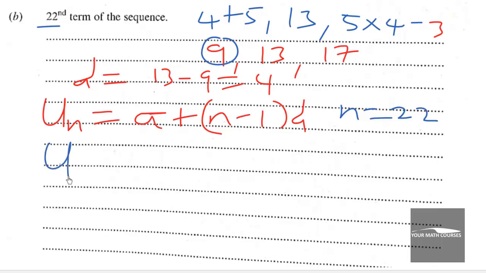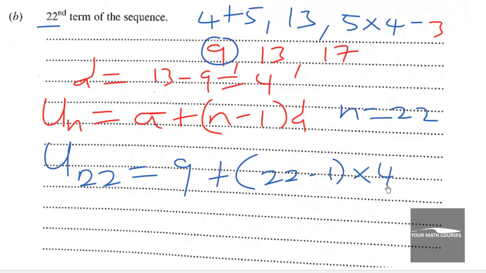So we have u sub 22 being equal to a, which is 9, plus (22 minus 1) times d, which is 4. So that will be equal to 9 plus 21 times 4, and that will give us 93.